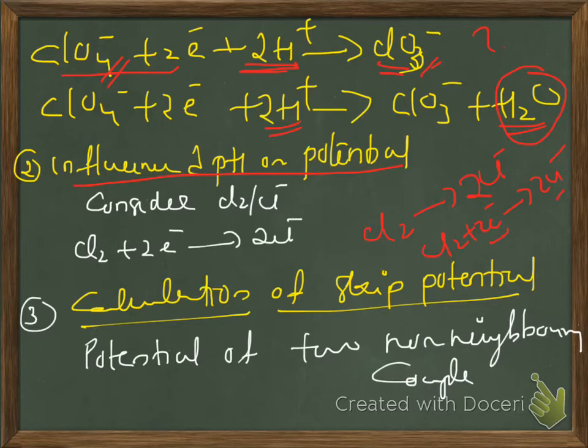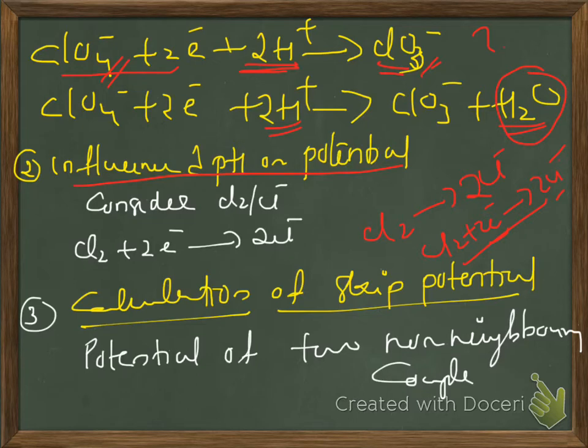No need to balance oxygen or hydrogen. So this equation is the balanced equation. In this balanced equation, we have no H plus and no OH minus. So the potential of the system is independent of pH, or the potential is the same under all pH.